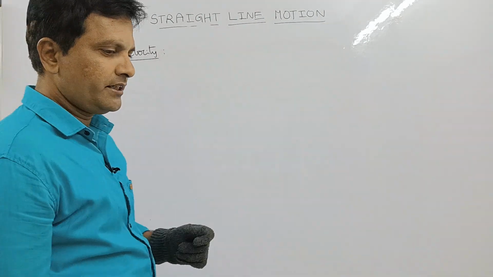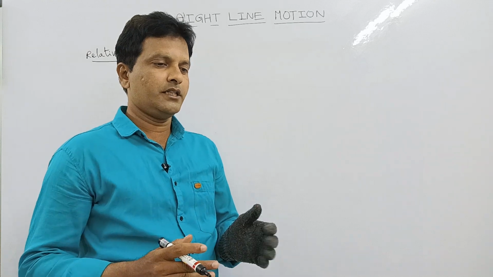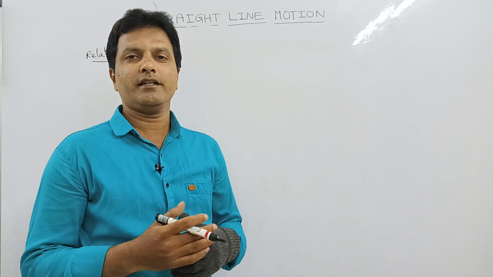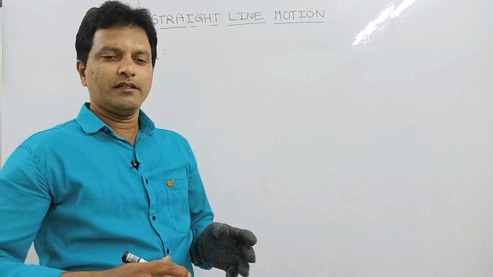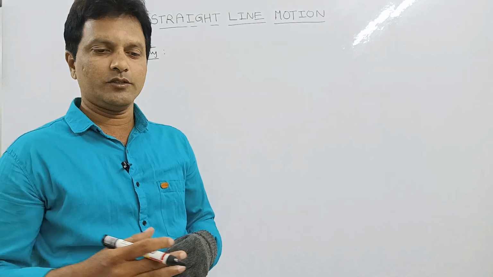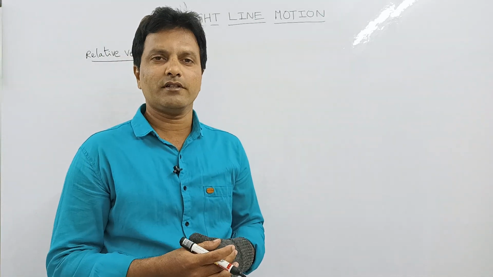So for relative velocity, suppose I am moving in a car on a highway with 80 kilometers per hour speed. Besides me, another car with a higher velocity is moving with 120 kilometers per hour.